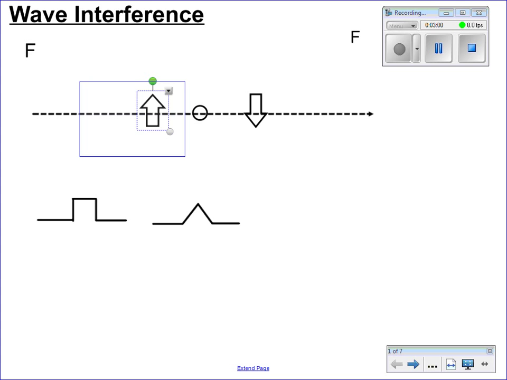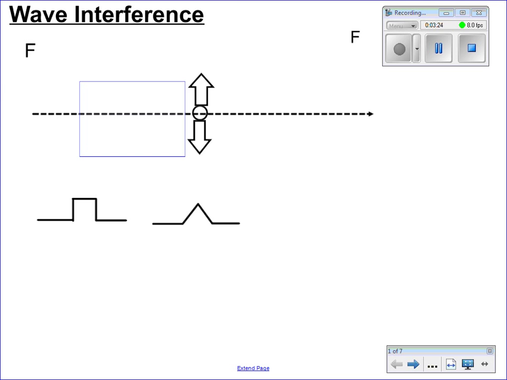Each wave, or each force, can be acting in opposite directions when they reach the particle. So we have a force pushing the particle upwards, or to one side, and another force pushing the particle in the opposite direction. Well, when you have two forces that are balanced and opposite, they cancel each other out. So the result is the particle just stays where it is.